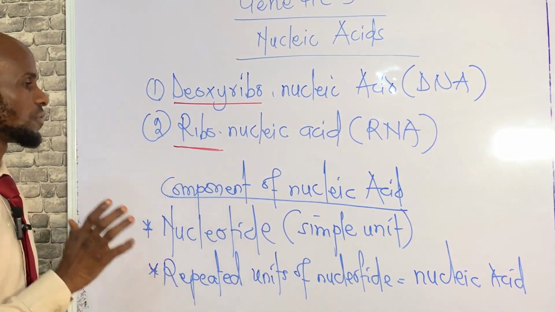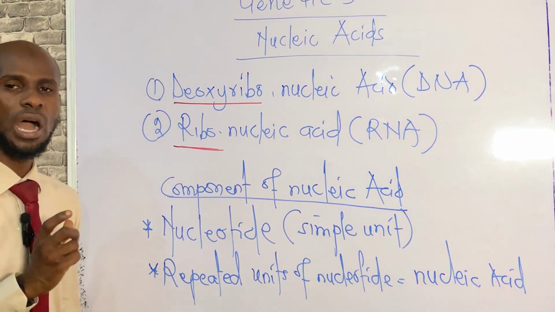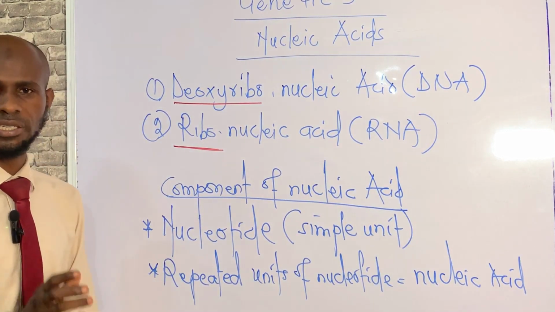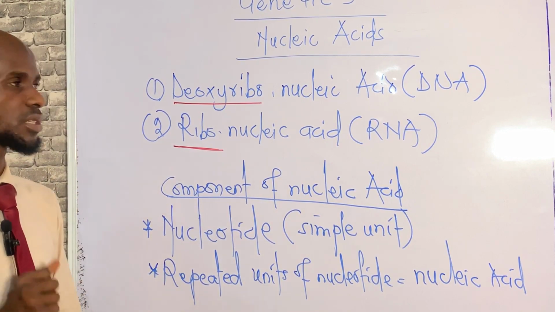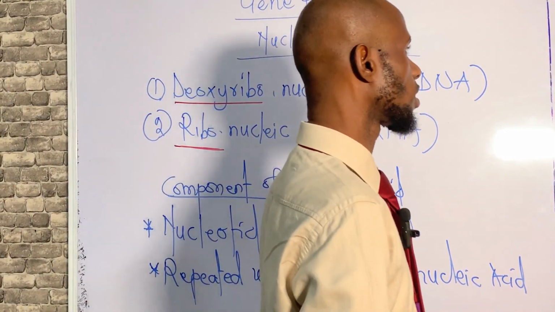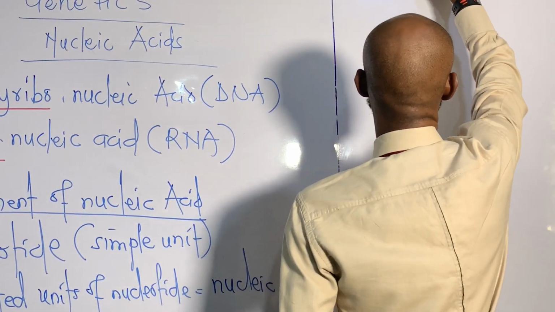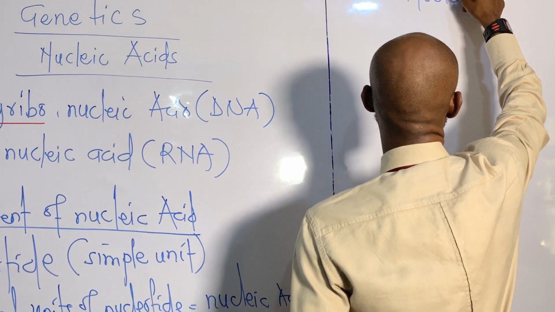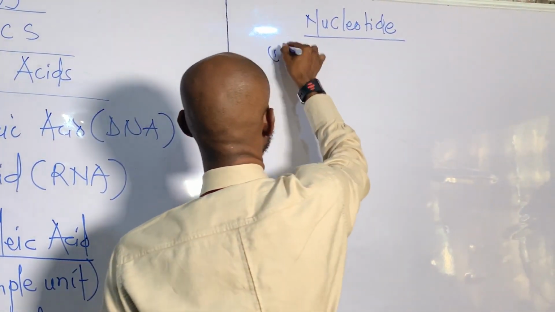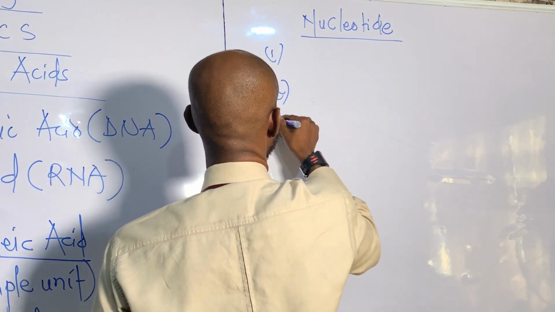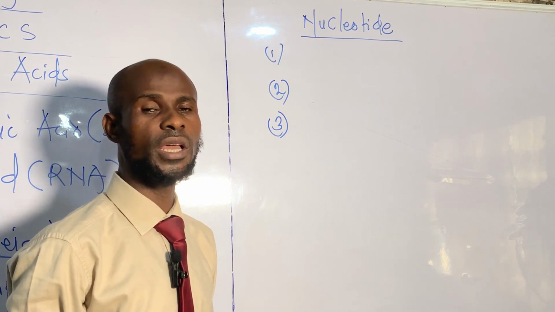That is good. So the next thing is for us to look at how the nucleotide looks. The simple unit of a nucleic acid is the nucleotide. The nucleotide has three major parts.